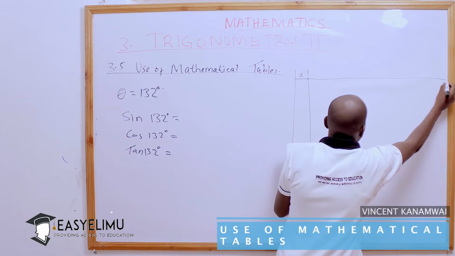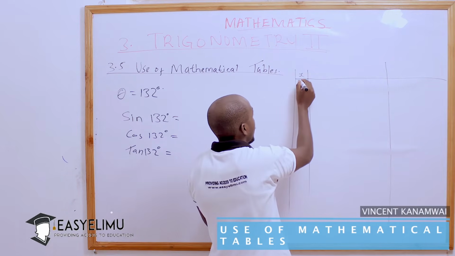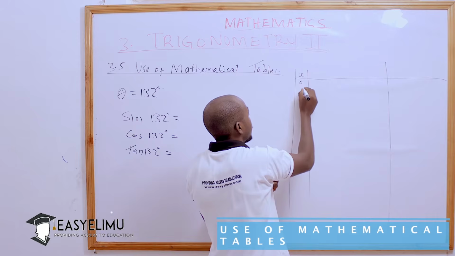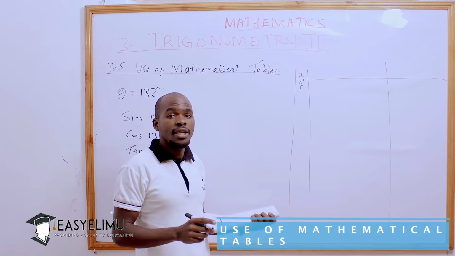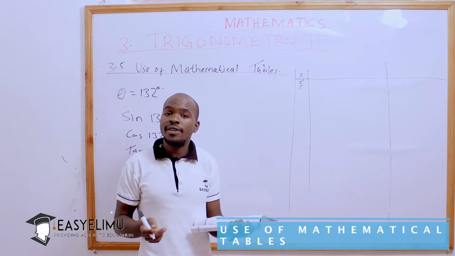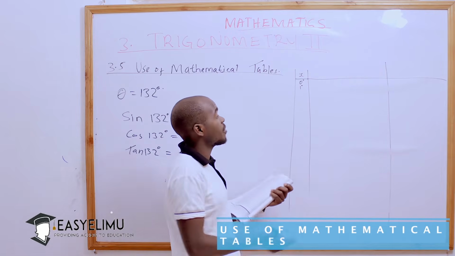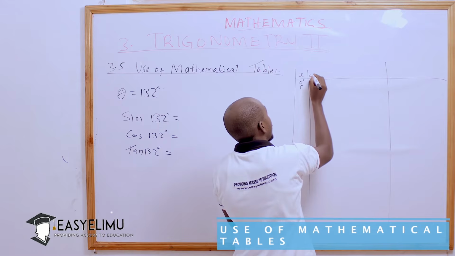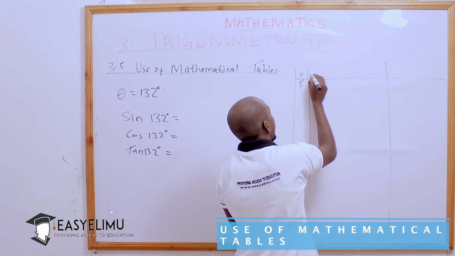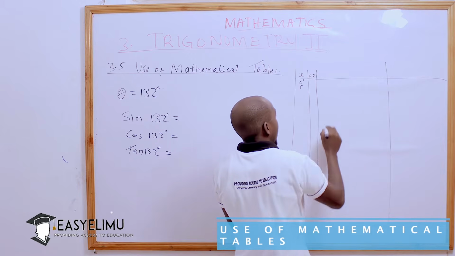There's some division. Then at this first column, you will find that it goes from 0 degrees, 1 degree, as it moves on. It is presented in degrees, be it of tangents, cosines, or sines. You will find it is from 0 onwards. And then here we have been given 0.0, and then that one has that line.